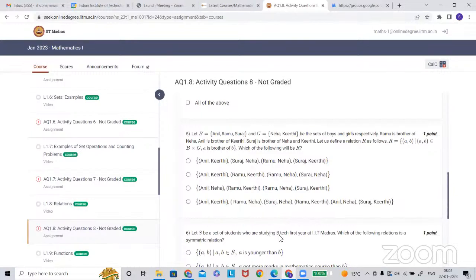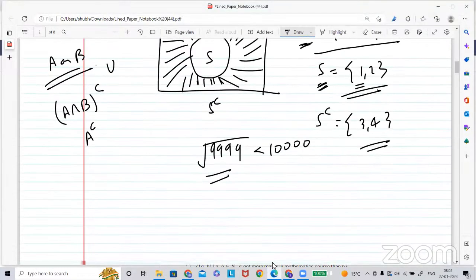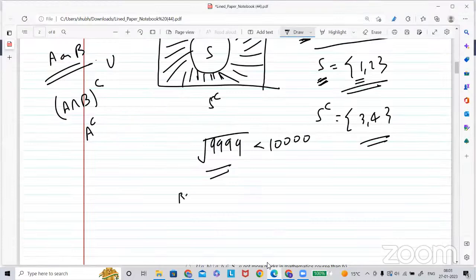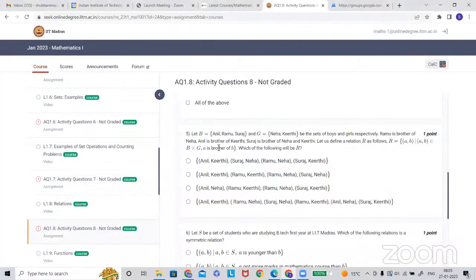Then why Anil Neha? So can you make it like this? What is it saying here? Ramu is brother of Neha. And Anil is brother of Kirti.